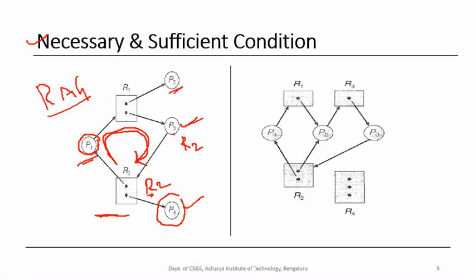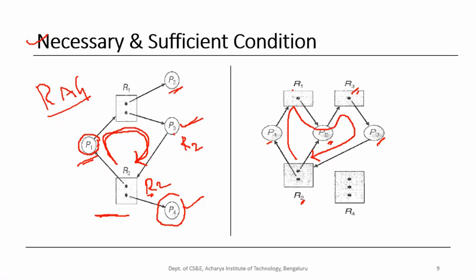But look at this. Here there is a cycle. Let us only take this one, this cycle. Now observe carefully: P1 is waiting for R1, which is held by P2, and P2 is waiting for R3, which is held by P3, and P3 is waiting for R2.